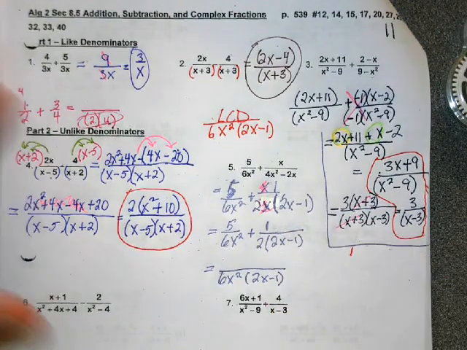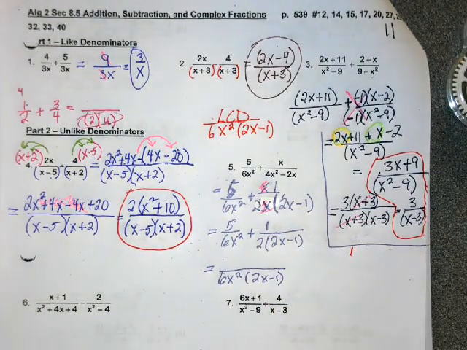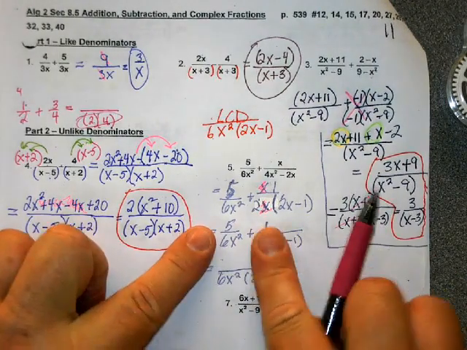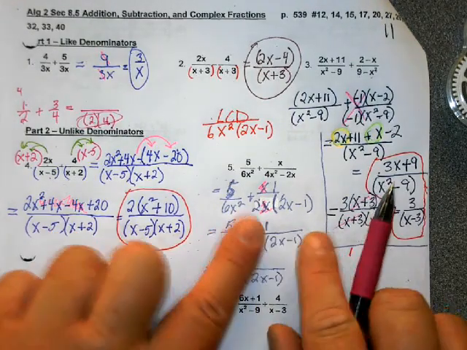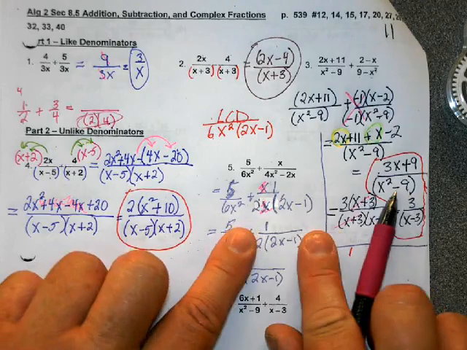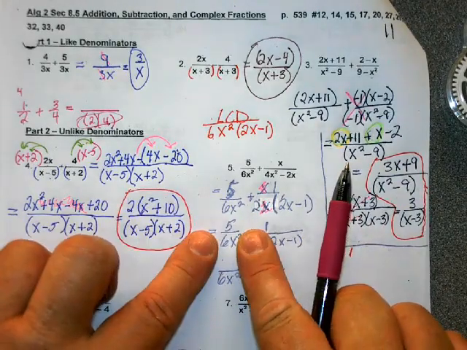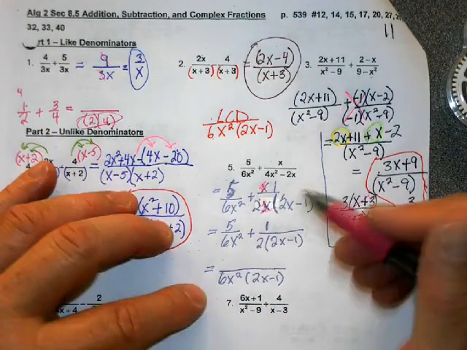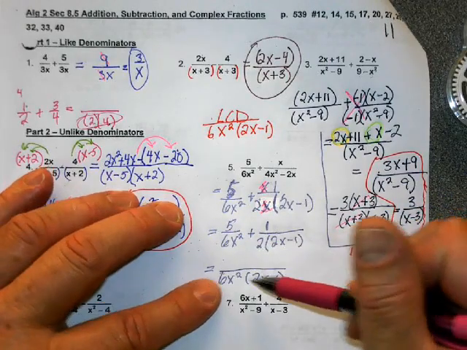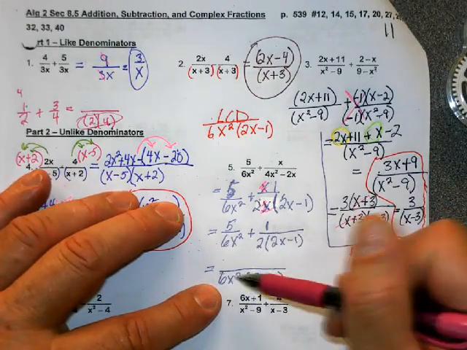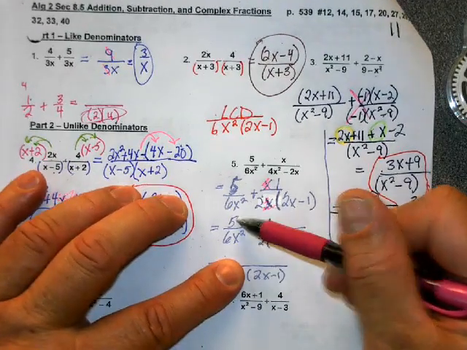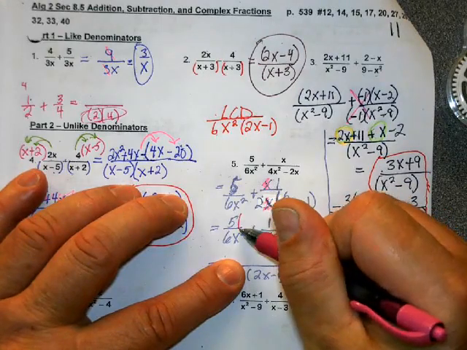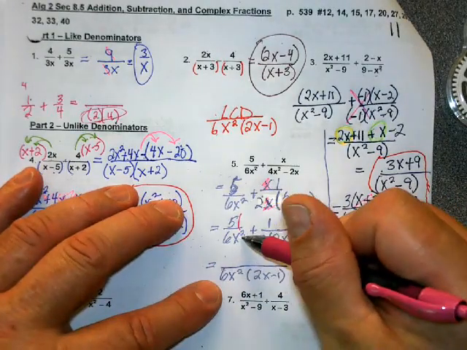Okay, now remember, this is going to be multiplied by this, and this is going to be multiplied by that, kind of. So I'm looking at my denominator here. I have a 6 and an x squared, so I'm going to need to multiply my numerator by what I don't have in this denominator, which is 2x minus 1.